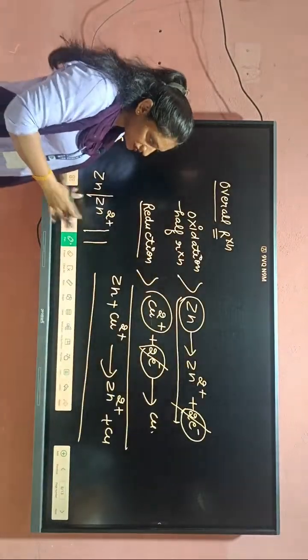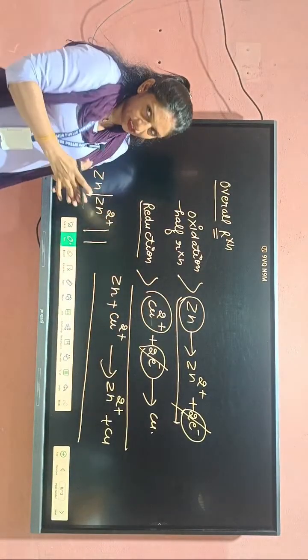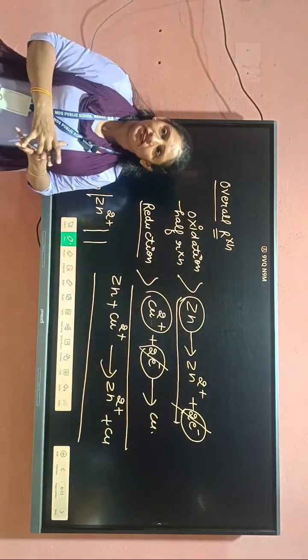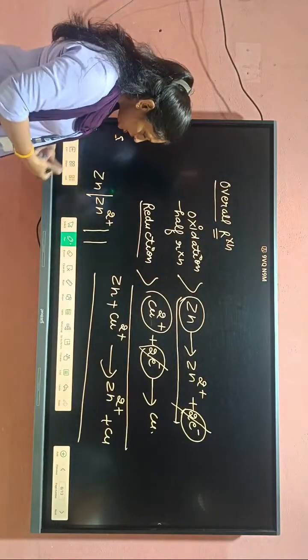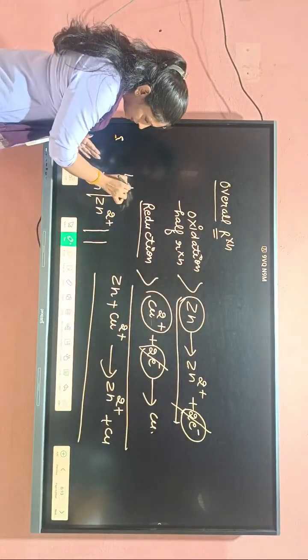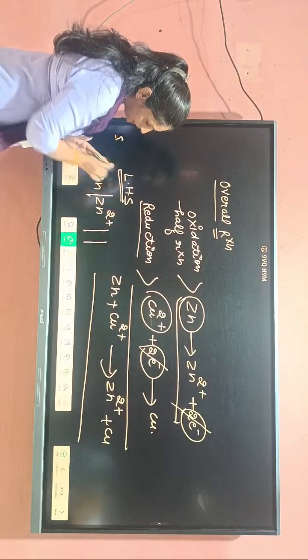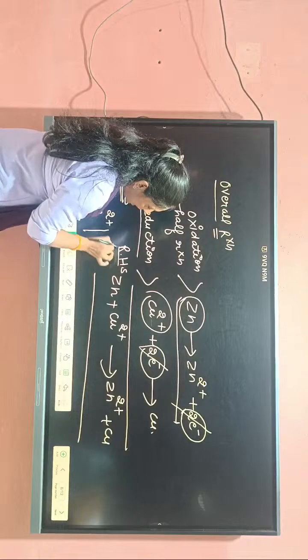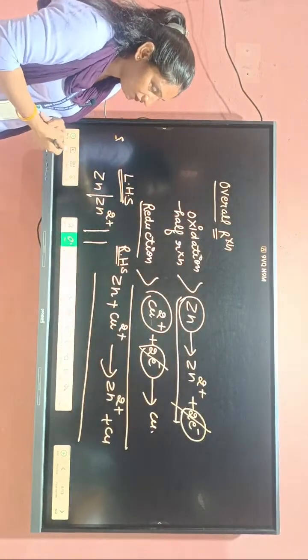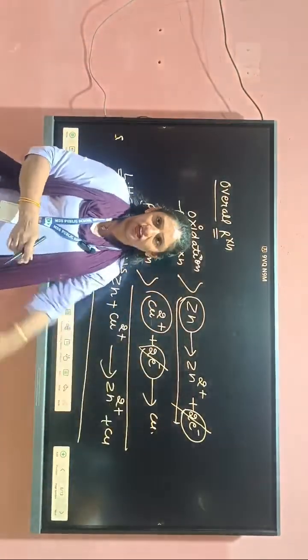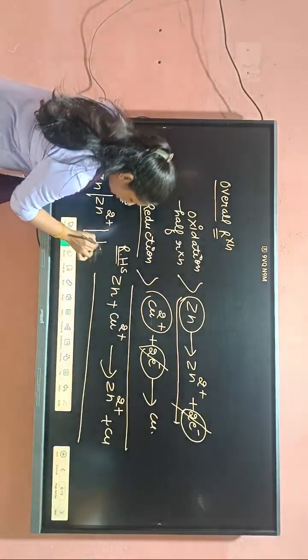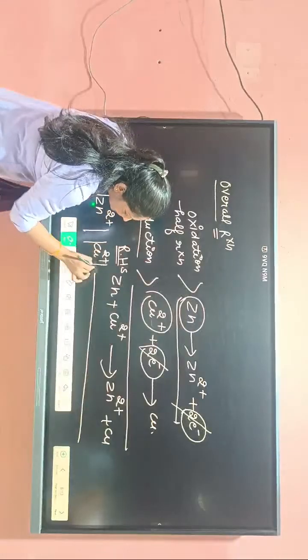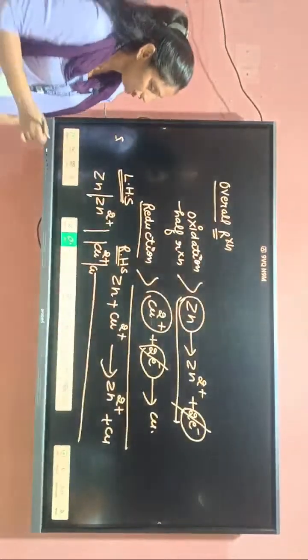The salt bridge separates the two half reactions, oxidation half reaction and reduction half reaction. On the left hand side we write the oxidation half reaction and on the right hand side we write the reduction half reaction. In the reduction half reaction, copper ion is converting into copper.